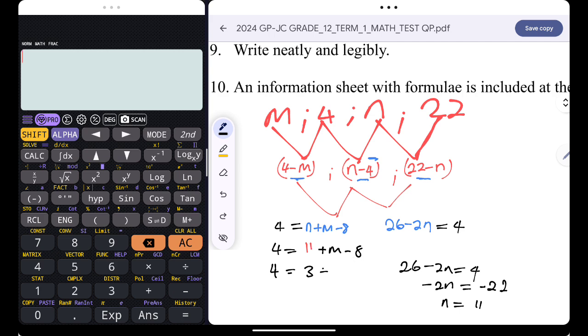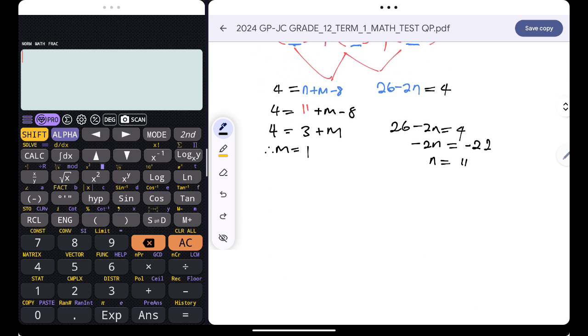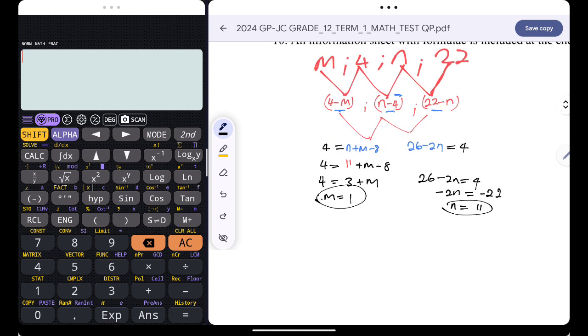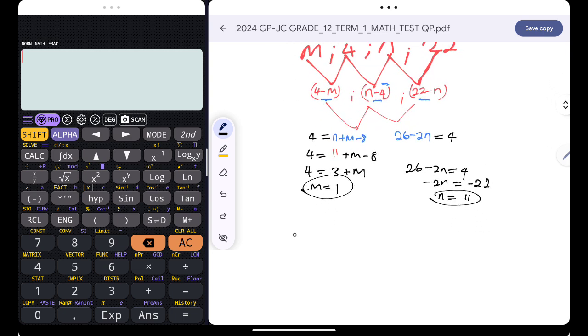That will give me 3, and I'll have m over here. So therefore the value of m is equal to 1. So I now know that m is 1 and n is 11. So basically my sequence will be 1, 4, 11 and 22.